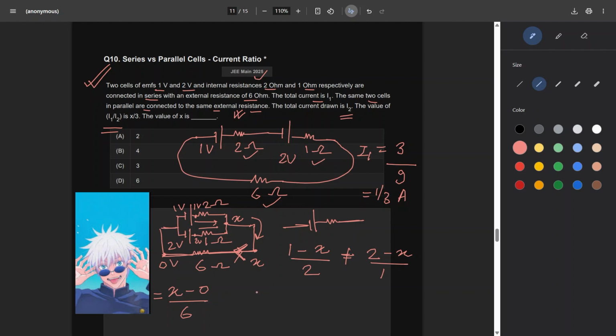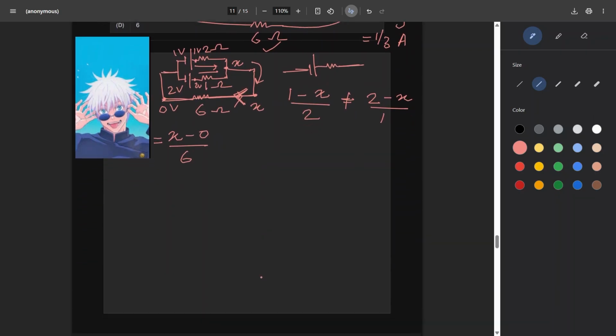Okay. So we can just add these two, right? If we add these two, then 1 minus x plus 4 minus 2x upon 2 will be equal to x upon 6, right?